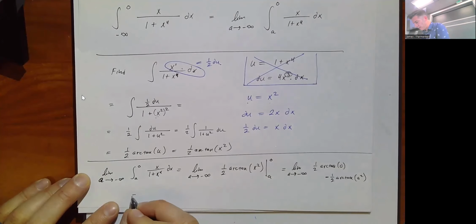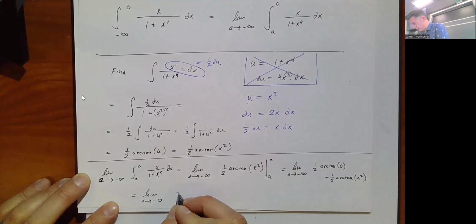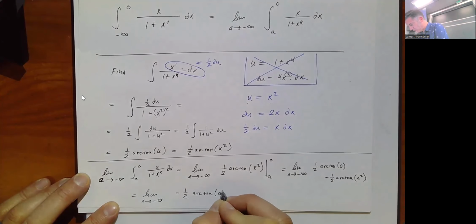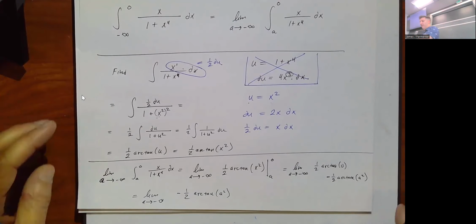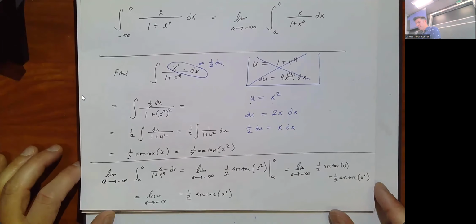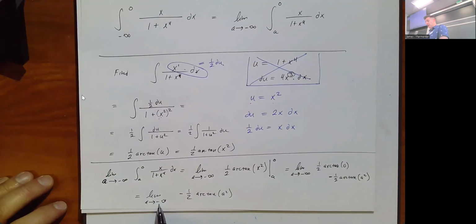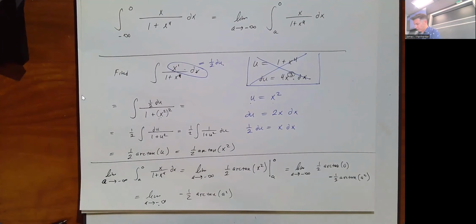So we've really got the limit as a goes to negative infinity of negative 1/2 arctangent of a squared. Now here's the thing that's kind of funky. As a goes to negative infinity, a squared goes to positive infinity, so the inside part is getting larger and larger.